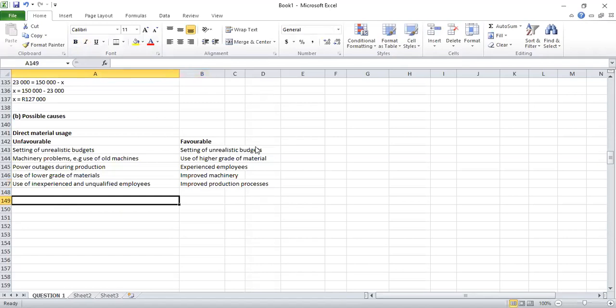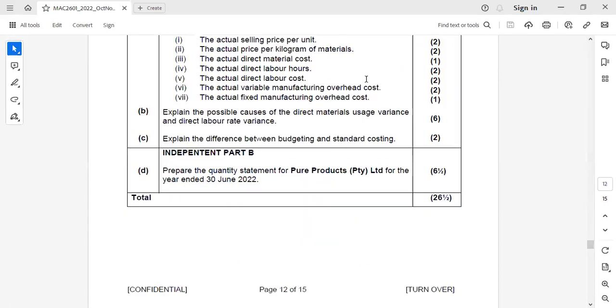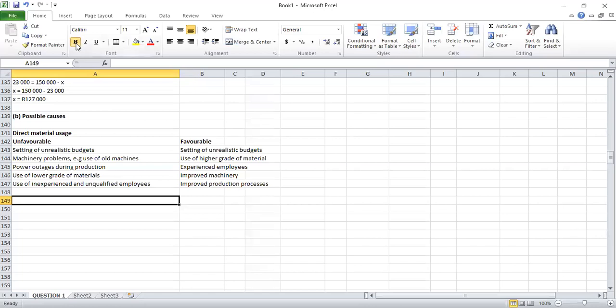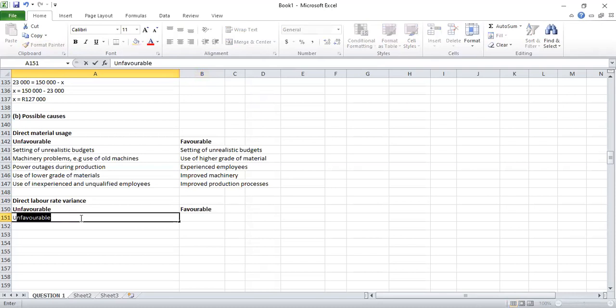They also asked about the direct labor rate variance. Unfavorable, we can use of higher grade of labor.